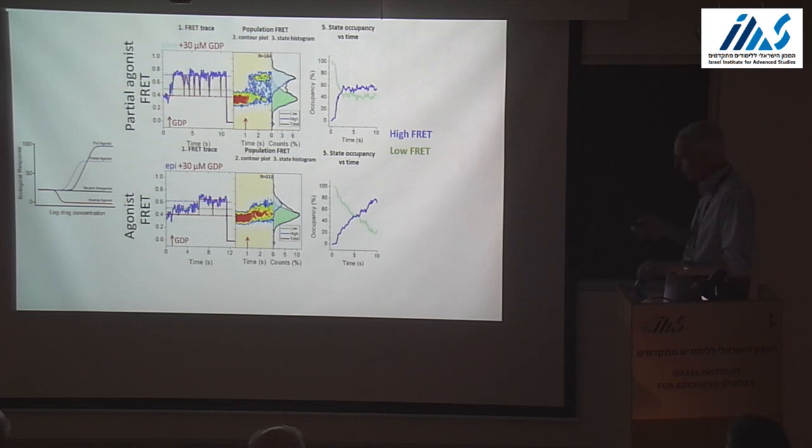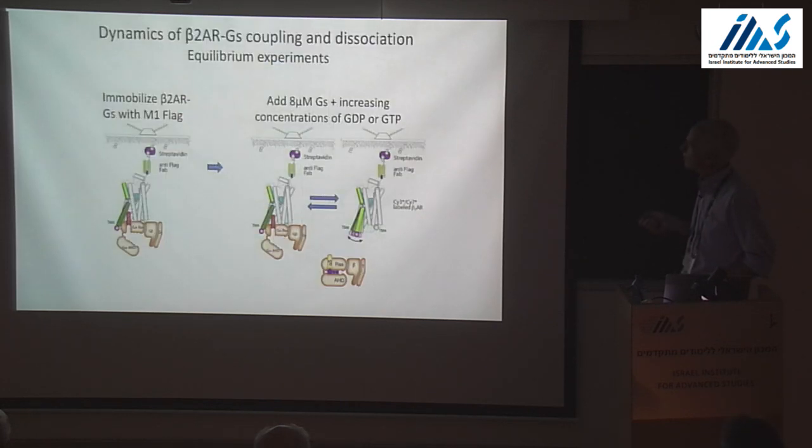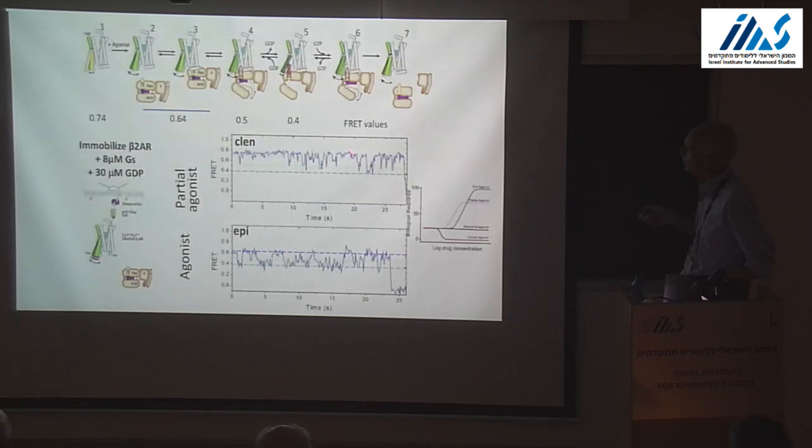And if we do this for a partial agonist, you can see we have a similar effect, but partial agonist is much less effective at stabilizing this intermediate state. Now, because we're immobilizing the G protein and we want to make sure we're not creating some sort of dysfunctional G protein, we did the same experiment but immobilized the receptor and then added G protein. In this case, what we're looking for is, can we reproduce these intermediate states?